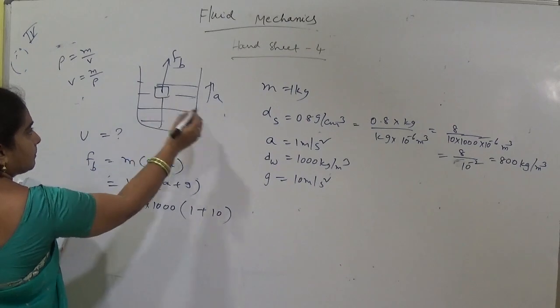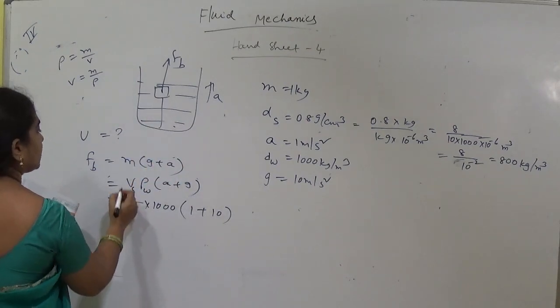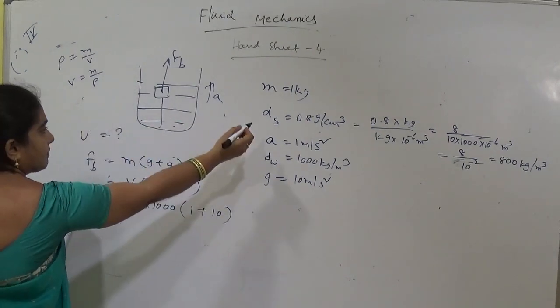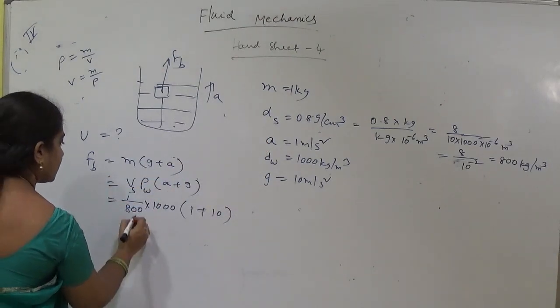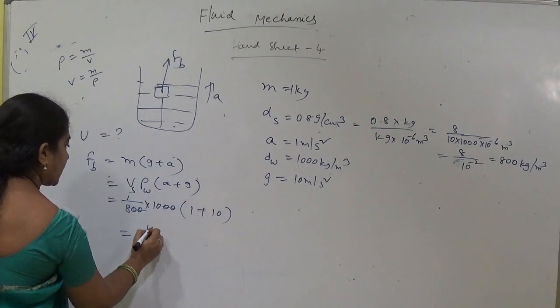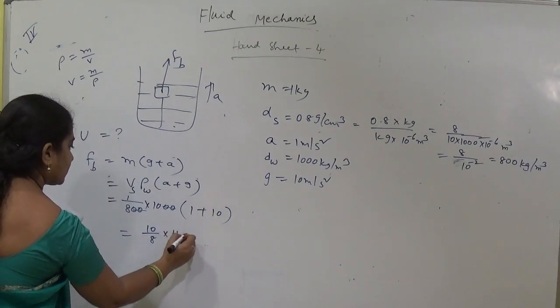Mass value is 1 kg. 1 by density, the density of the substance is 800. So 10 by 8 into 11.